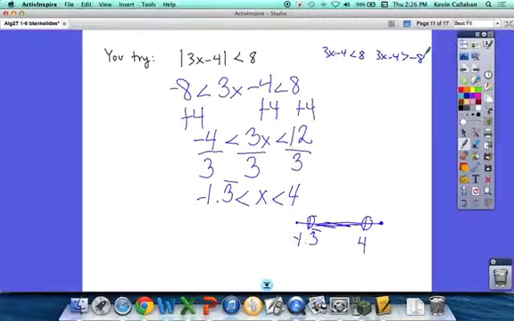Then you solve it twice and make sure you have an "and" in the middle. What I saw going around, at least one person tried to do it that way, but didn't have it set up right, didn't have the word "and."